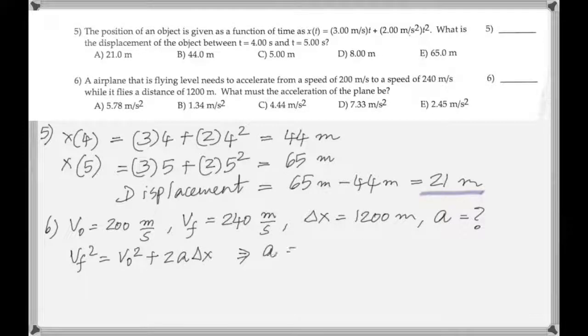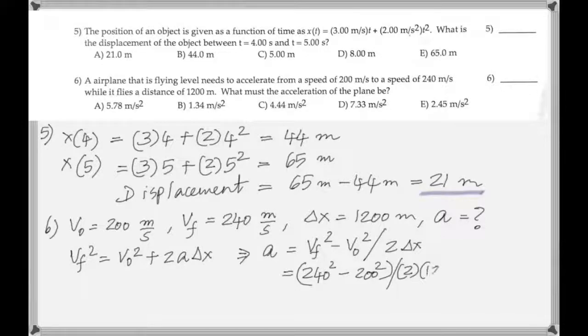So that is why it's important to list the quantities given so you know which equation to use. And then rearrange that equation, substitute, and get the result. So the acceleration is 7.33 meters per second squared. That takes us to the 7th, 8th, and 9th questions.